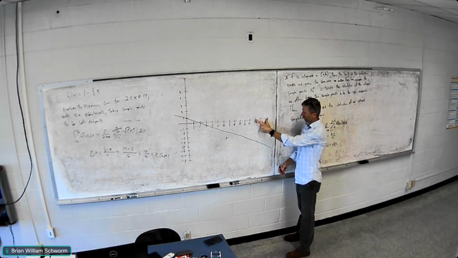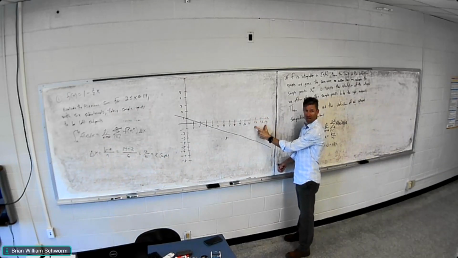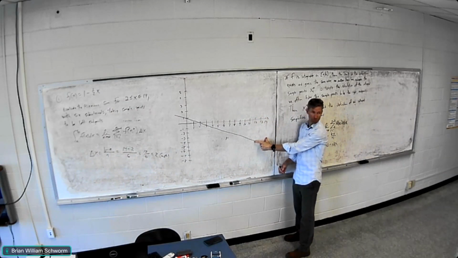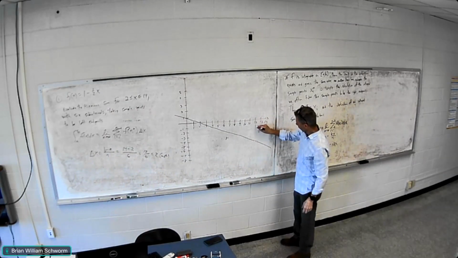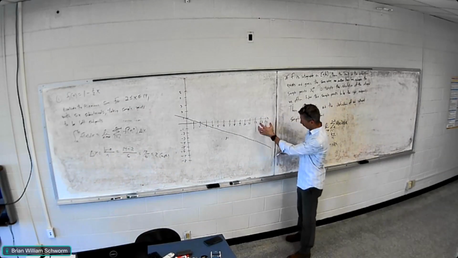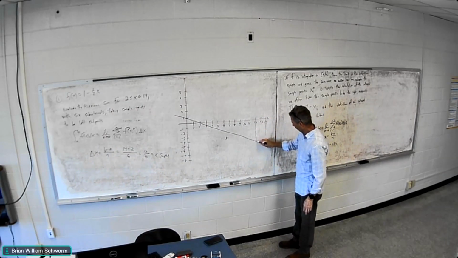I'm going to actually do the first one last because it's a little bit confusing maybe, but it's not as confusing at the end. When I draw the rectangle, they say the left side of the rectangle needs to match up with the function. They're saying use the left endpoints as the sample points. So when I draw the rectangle down, it's the left side that needs to intersect with the function.